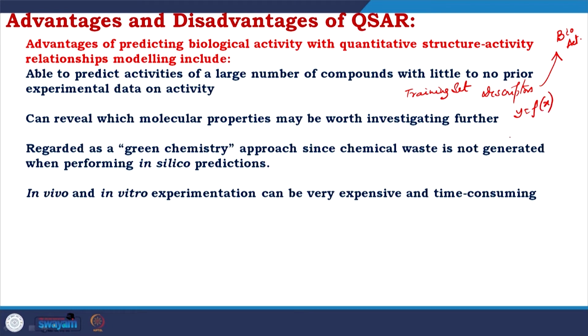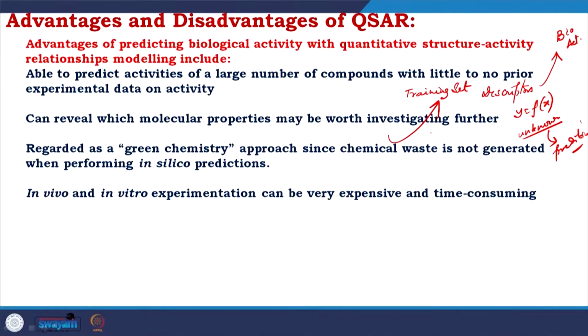Then you validate it with unknown compounds and then use it for prediction, right. If you have understood what I talked about machine learning before, this is somehow ready to go for machine learning.